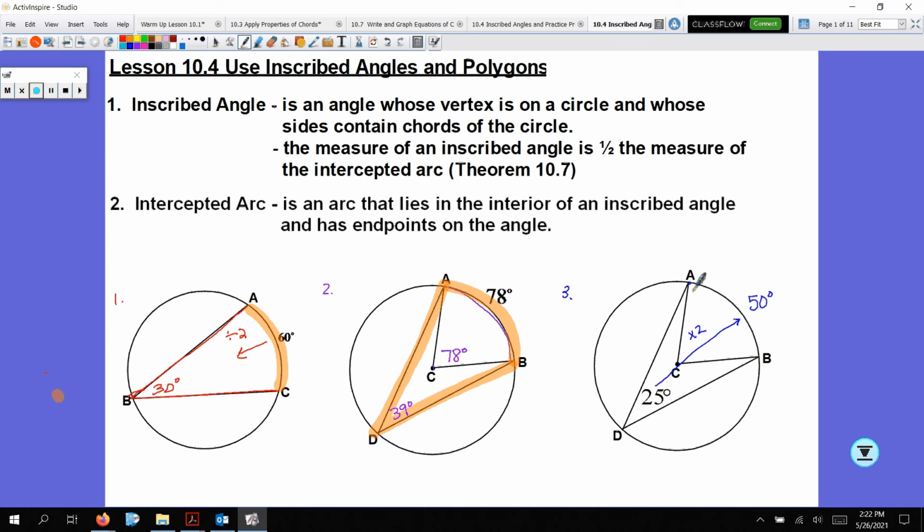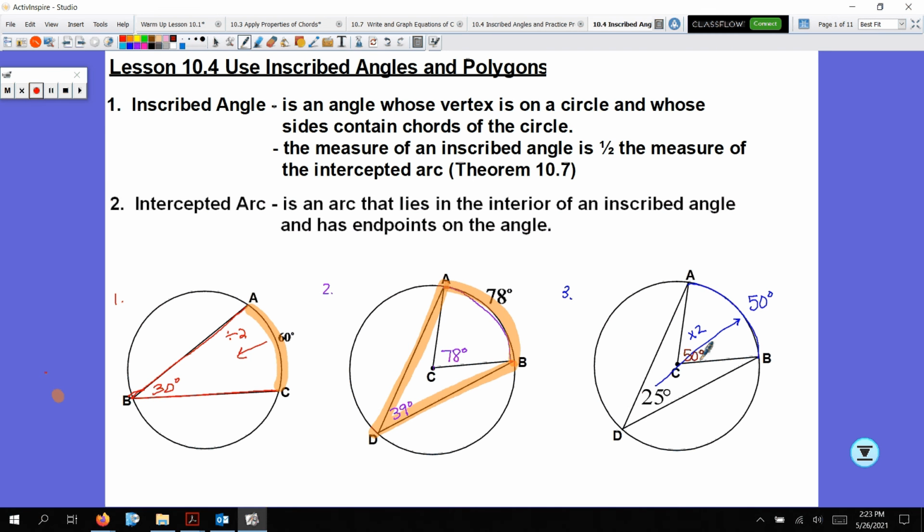So this arc, AB, is now 50 degrees. It's twice the measure of the inscribed angle. Hopefully that made a little bit of sense. Just remember, central angles are the same, right? So if I were to put a mark for this angle, what would the measure be if it's the same as that arc? This would also be 50 degrees here. Hopefully that helps a little bit.